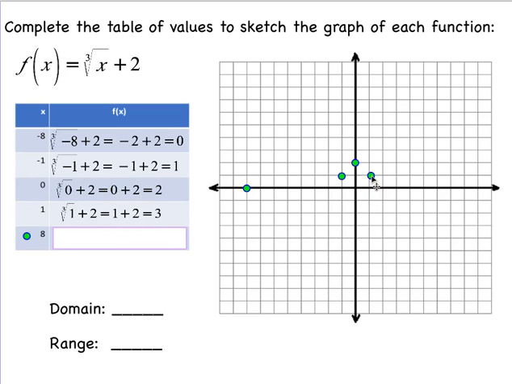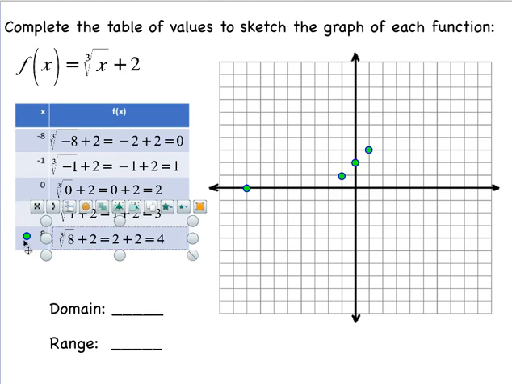So 1, 2, and 3. And when x is equal to 8, y is going to be equal to 4. So 1, 2, 3, 4, 5, 6, 7, 8, and up 1, 2, 3, and 4.